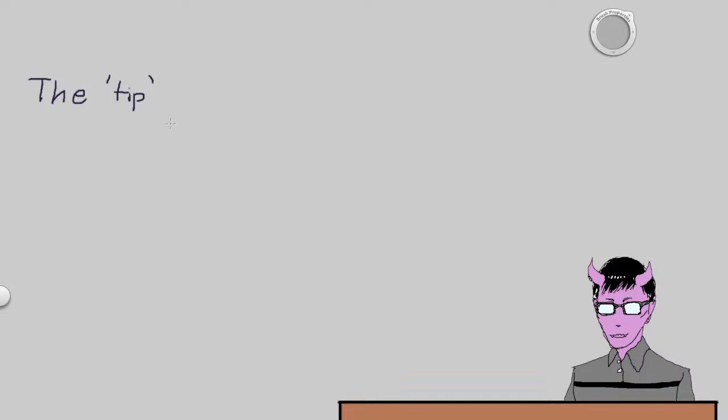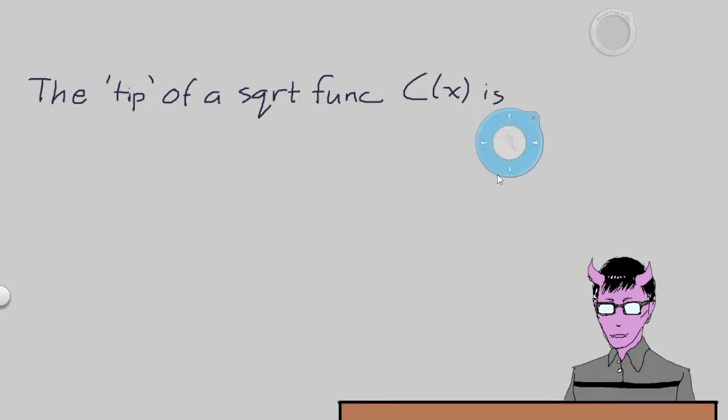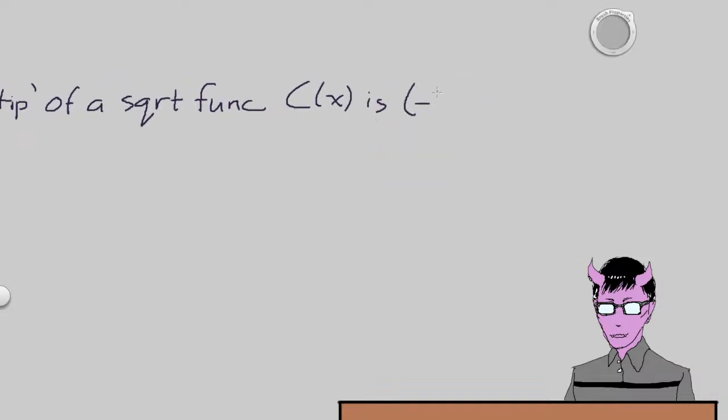The tip of a radical function. I'm going to rephrase it as a square root function, just to be more precise, because I think radical function is technically ambiguous. And this function is called c of x. And that tip is going to be -1, -4.